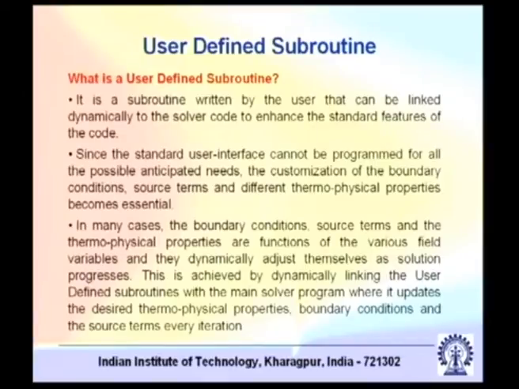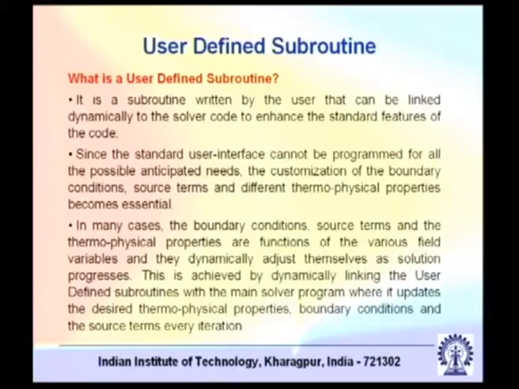Somebody who develops a CFD code develops a standard interface, either a graphical interface or a programmable interface, but that cannot be customized to all possible needs, because different problems may have different intricate features with the governing equations, boundary conditions, etc. In different cases you require to customize the boundary conditions, source terms and thermophysical properties.